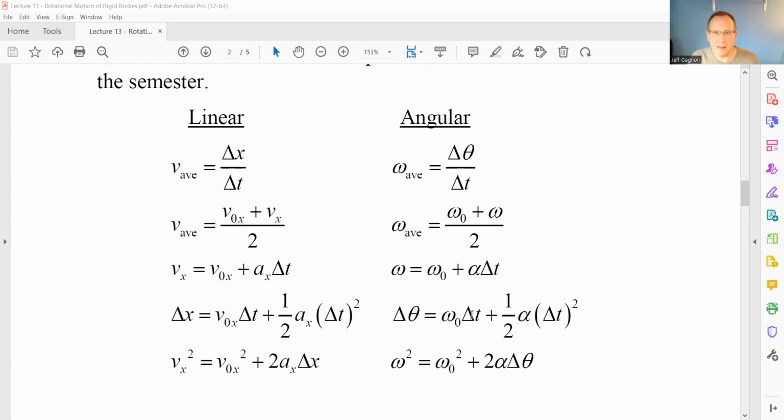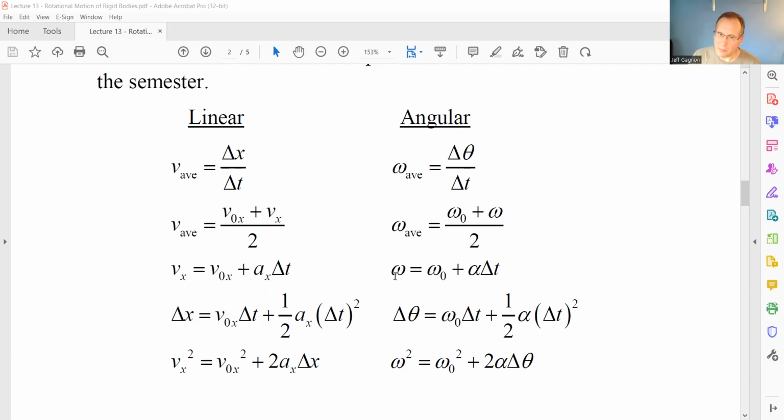So for the angular situation, the average angular velocity is equal to the angular displacement divided by the change in time. Or you could write it as the average of the initial and final angular velocities. That's analogous to what we did here.